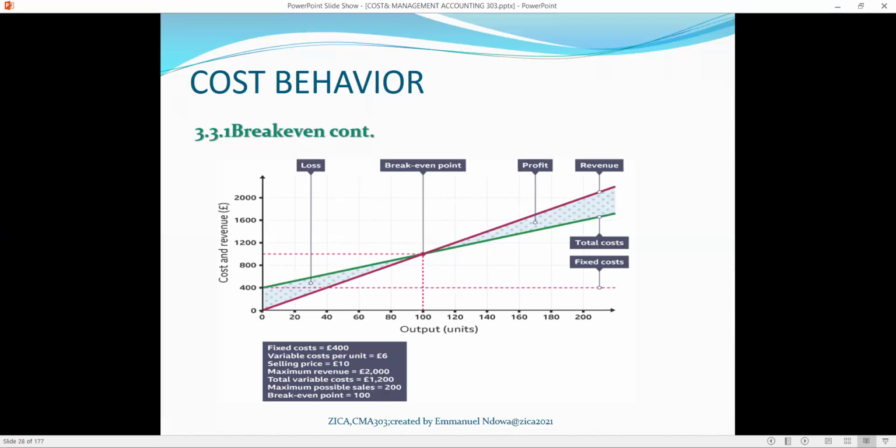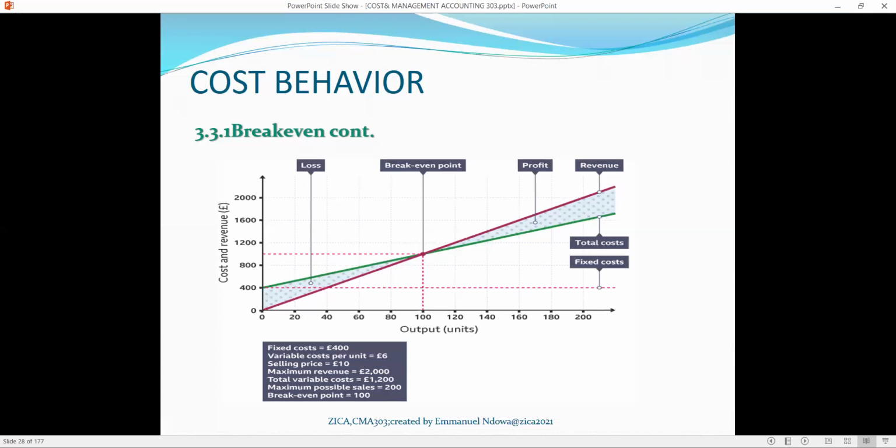From the 100 units mark going below, you are making losses because your revenue cannot cover the total fixed cost and the total variable cost, which give you your total cost.